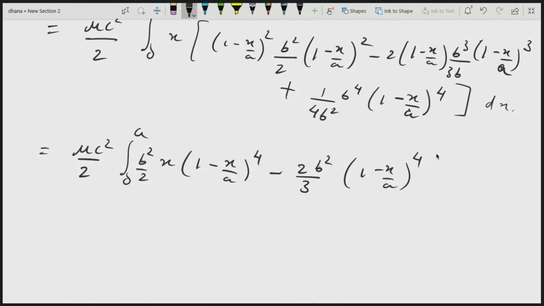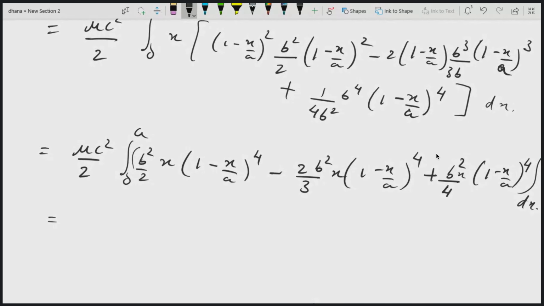And x is multiplied with all of this one. So this part is okay. Then I'll get plus again b square by 4 into 1 minus x by a whole to the power 4 into x dx. This whole thing dx.